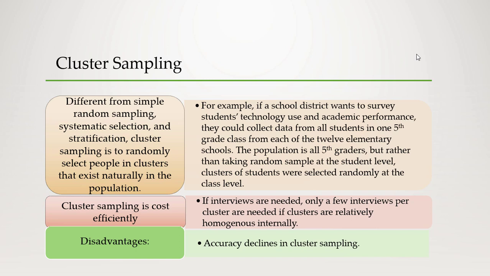For instance, if a school district wants to survey students' technology use and academic performance, they could randomly identify one fifth grade class from each of the 12 elementary schools and collect data from all students in the selected classes. Randomization happens at the cluster level, so this approach is cost effective, but as a trade-off, the accuracy is not as good as the first three procedures.